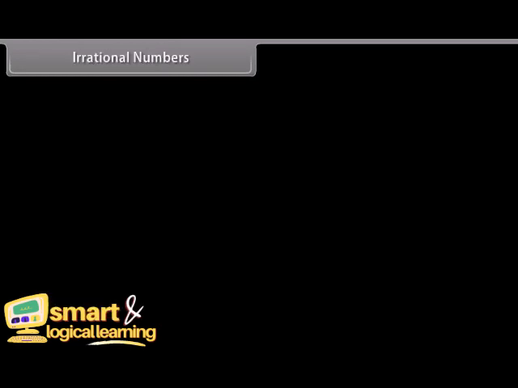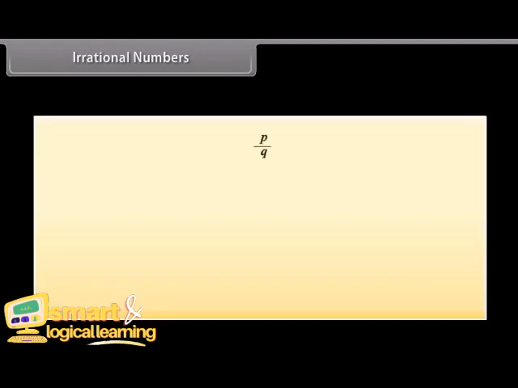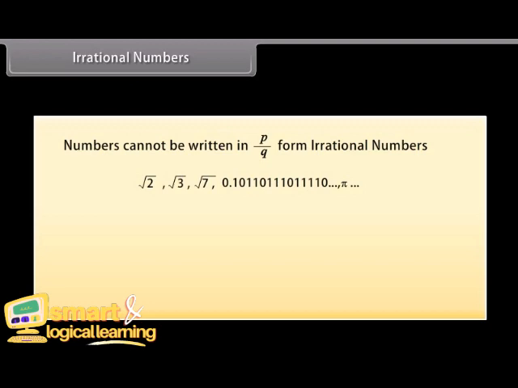Irrational numbers. You must be wondering if there are such numbers which are not in the form of p by q. Yes, there are numbers which cannot be written in the form p by q. Those numbers are called irrational numbers. For example, square root 2, square root 3, square root 7, 0.10110111011110, and so on, pi and so on.